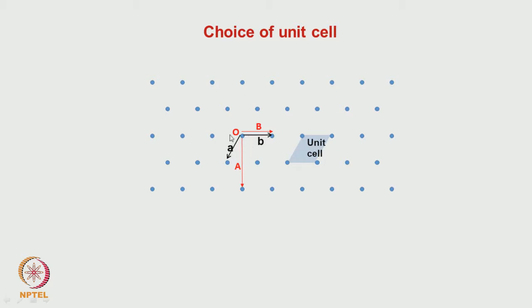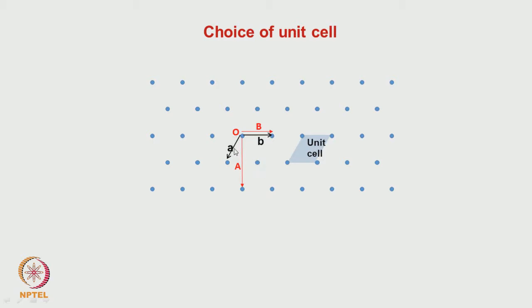This is how we represent a hexagonal two-dimensional lattice. This same lattice, which is a primitive hexagonal lattice, can be represented as a C-centered rectangular lattice. In the C-centered rectangular lattice, this is A and this is B.